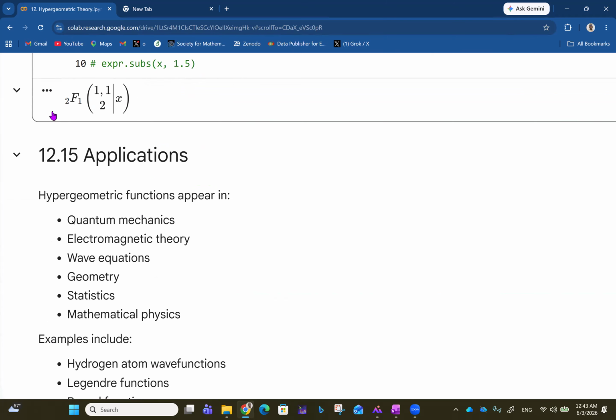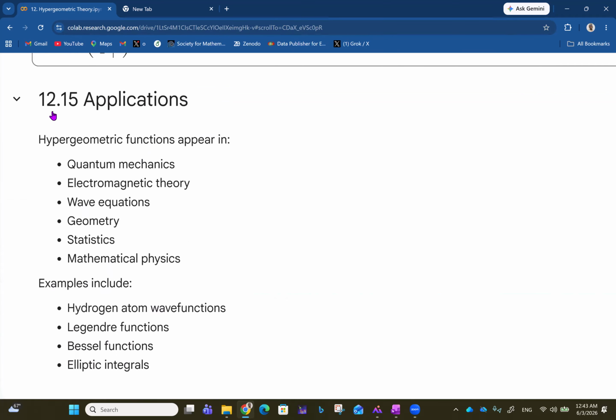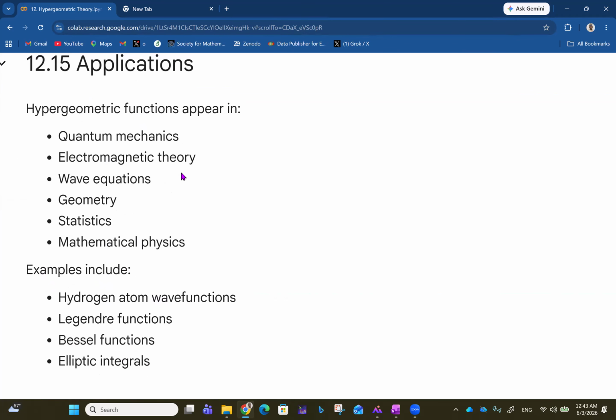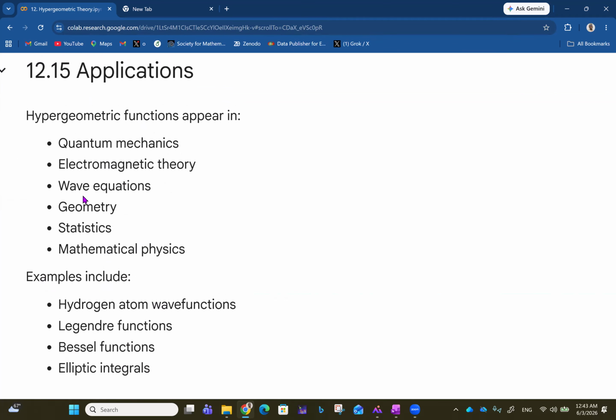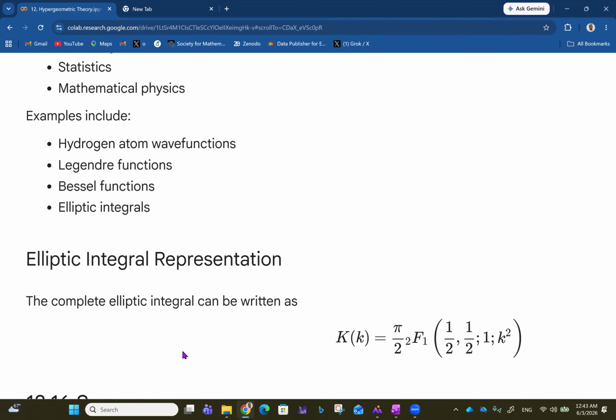So talking about the applications here now, hypergeometric functions appear in quantum mechanics, like we've said already, electromagnetic theory, wave equations, geometry, statistics, and mathematical physics. Examples include hydrogen atom wave functions, Legendre functions, Bessel functions, and elliptic integrals. We already said that most of the special functions, like Bessel, Legendre, and all the rest, are actually special cases of the hypergeometric functions.